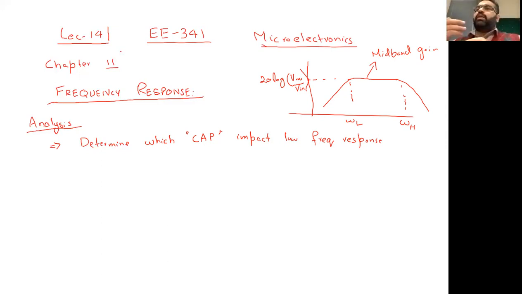But we also saw in the last lecture the omega L, the low frequency response. At some frequencies which are relatively low, the system has a high pass filter response. What is a high pass filter response?